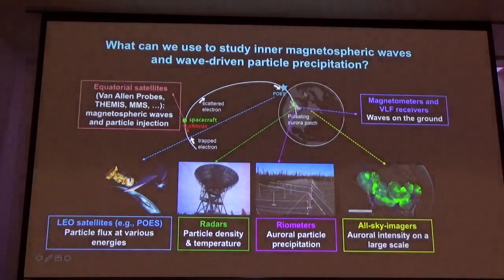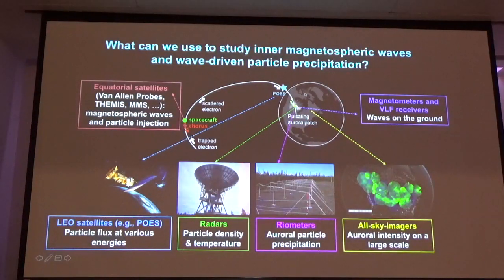And here, I also listed the currently available resources which we can potentially use to study the inner magnetosphere waves and wave-driven particle precipitation. For example, in the equatorial magnetosphere, we have the Van Allen Probes, THEMIS, MMS and ERG, which can detect the magnetosphere waves and particle injection.